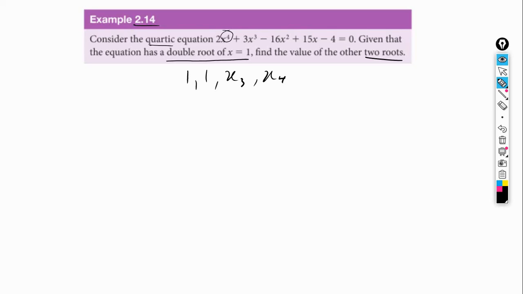So let's use the fact that the sum of the roots, remember that the sum of the roots is negative second term divided by the first term. So that means that 1 plus 1 plus x3 plus x4 should be equal to -3 over 2, right?